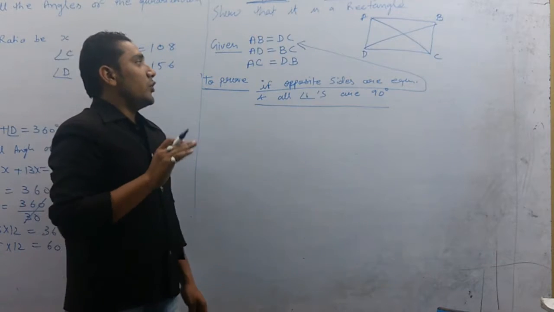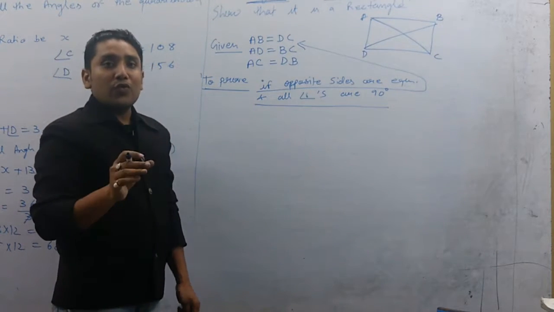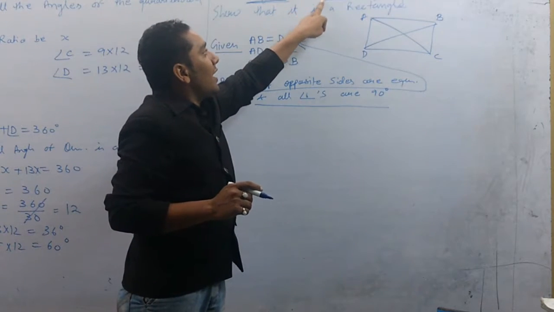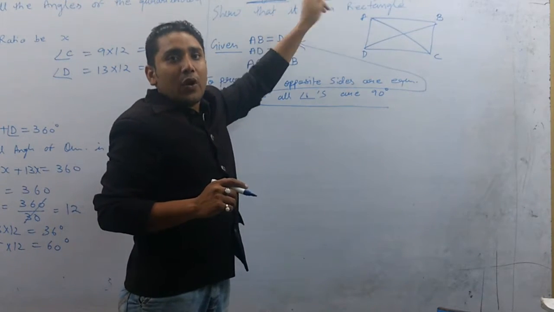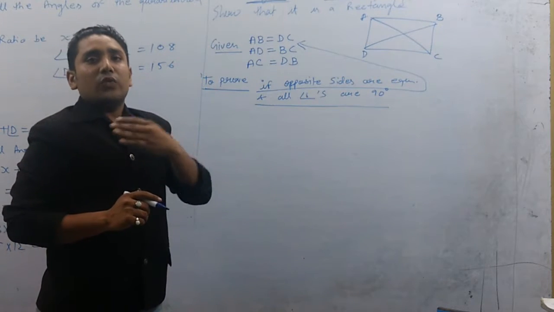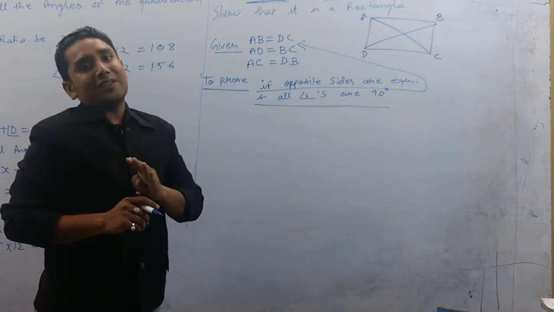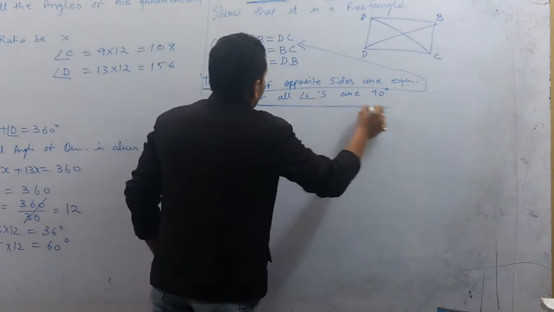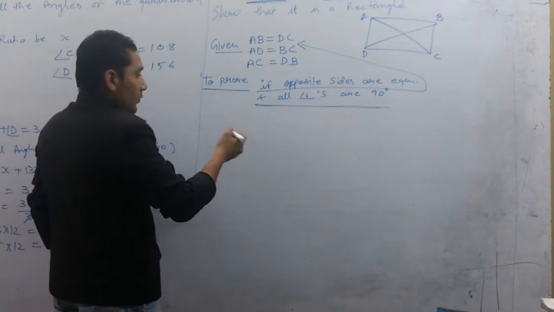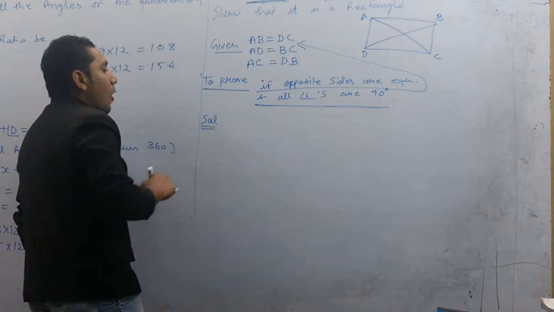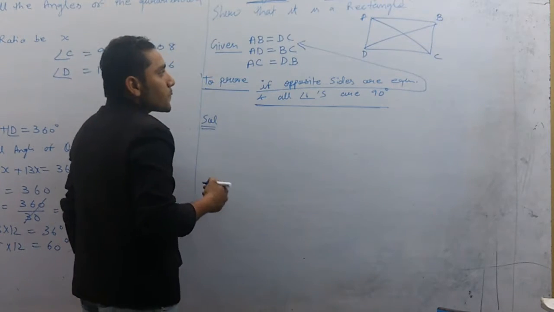We do not need to prove opposite sides are equal, because the question says it is a parallelogram, and in a parallelogram opposite sides are already equal. We only need to prove all angles are 90. Then solution: to prove all angles are 90.